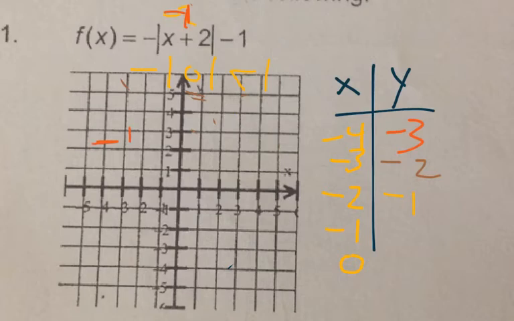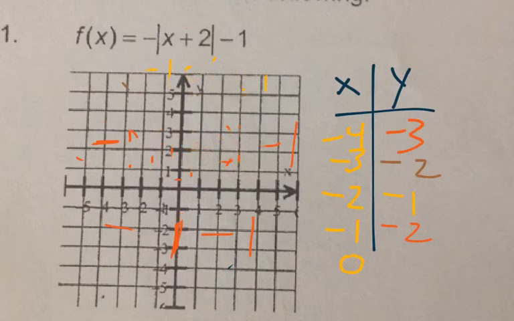And I'm going to get negative absolute value, -1 plus 2, close absolute value, minus 1. Now -1 plus 2 is 1. Again, there's a negative in front here. So I'm going to get a 1, but the negative is going to kick in. -1 minus 1, guys, is -2. Pause the video if you need to.